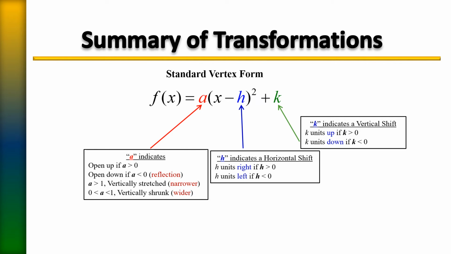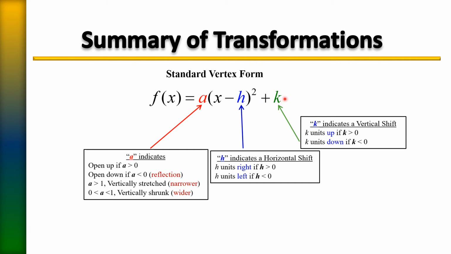In that case, you will have either a stretch or compression of the graph. So if that value outside is a number greater than 1, it demonstrates a vertical stretch, and if it is a fraction, it is a vertical shrinking or compression of the graph.